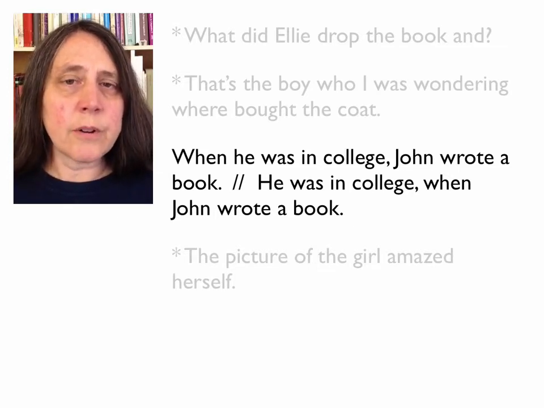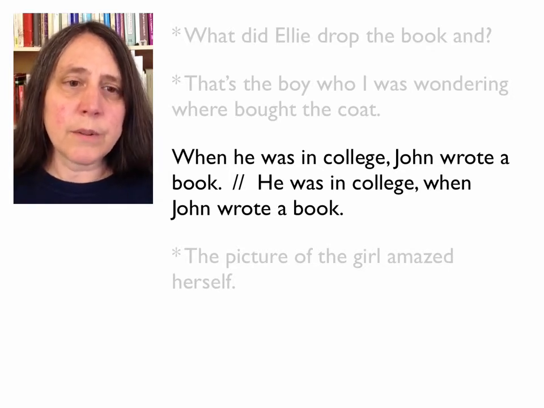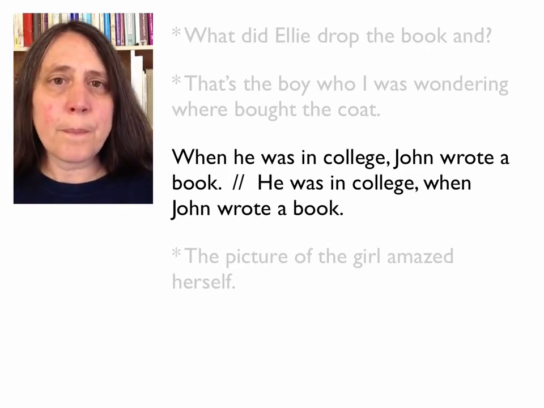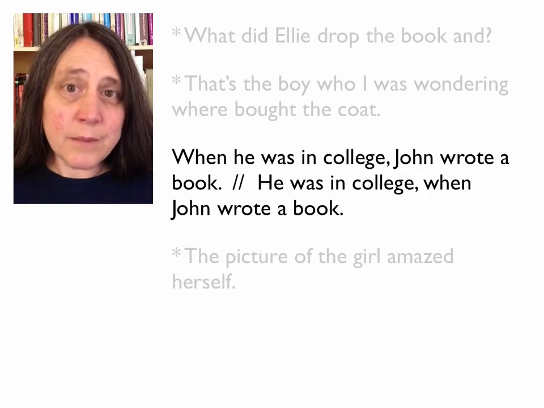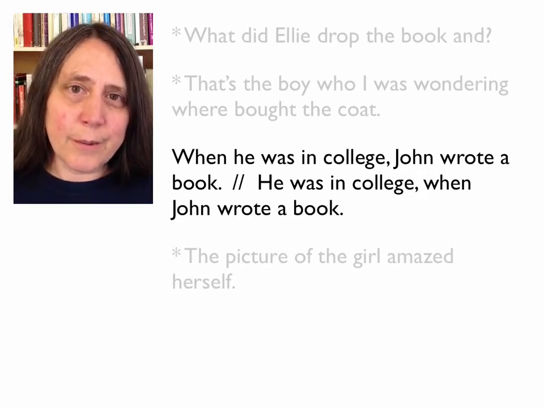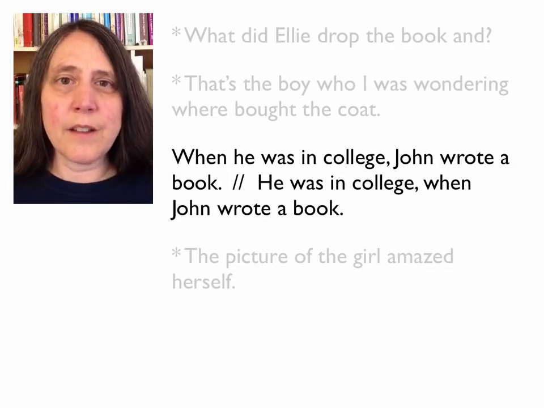But he could also refer to John. So it could mean when John was in college. But that's not true of the second sentence, which is almost the same as the first one. He was in college when John wrote a book. In that sentence, he has to be someone other than John.